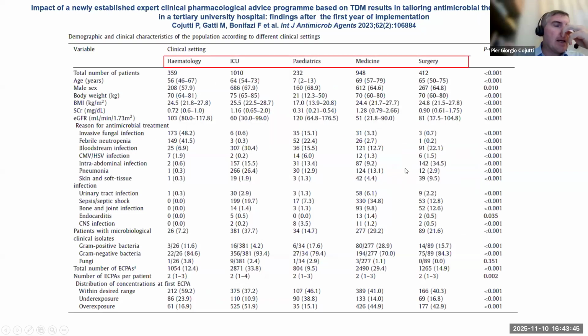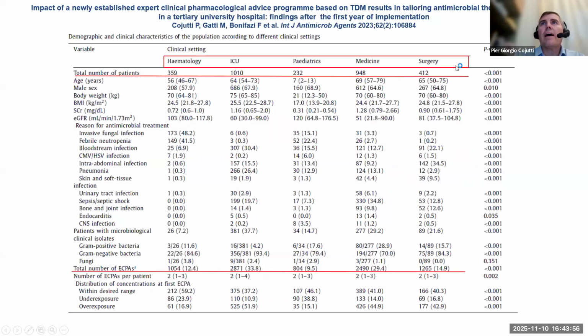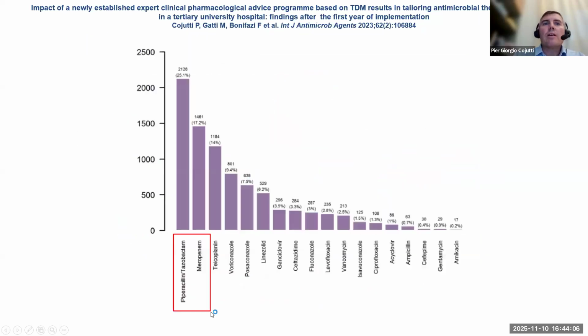We did an analysis of our activity from one year, 2023, and at our unit requests were stratified by requesting wards: hematology, ICU, pediatrics, medicine, and surgery. The most frequently analyzed antibiotics were piperacillin and meropenem, then linezolid.